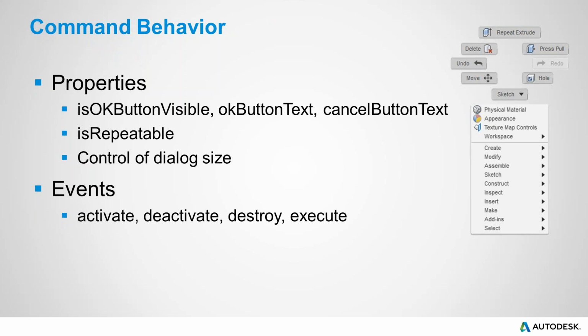The activate event fires when your command is first created, so it's when it's activated. But your command can be deactivated, and so it hasn't stopped. It's still alive, but it's not the active command. This can happen because there are some commands in Fusion that don't kill the current command. The typical behavior is that when you run one command, it kills the previous command.